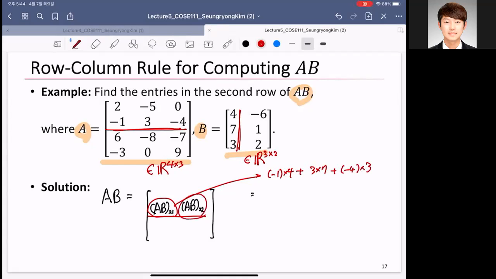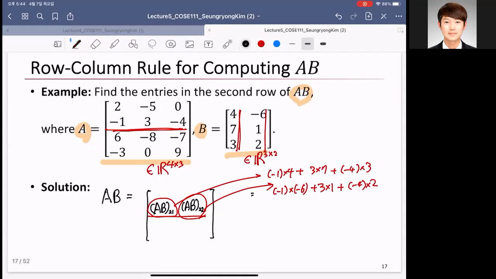Right? What about AB22? It's the second row in matrix A times the second column in matrix B: negative 1 times negative 6 plus 3 times 1 plus negative 4 times 2. Right?